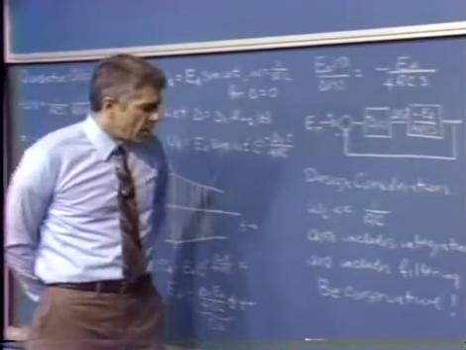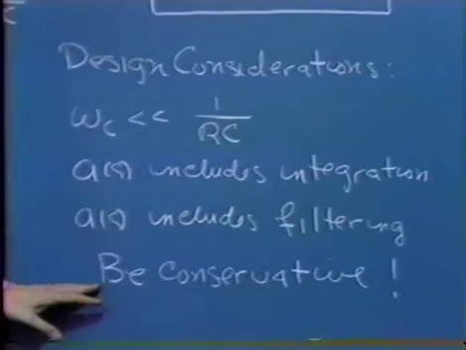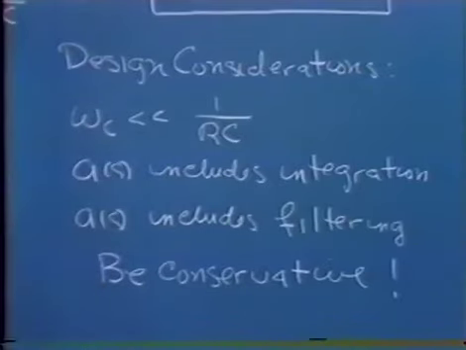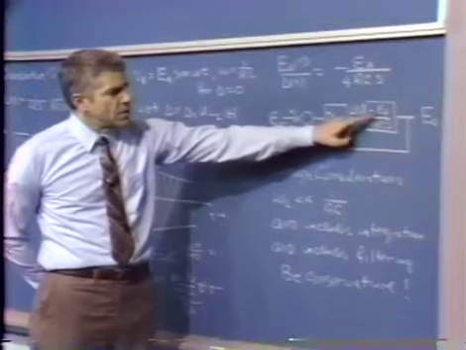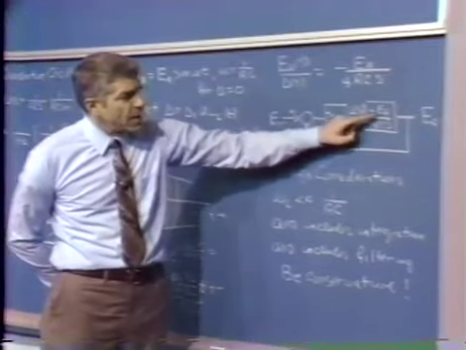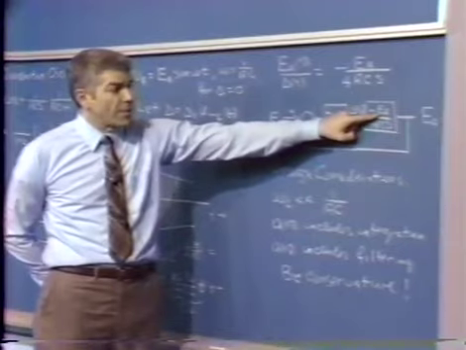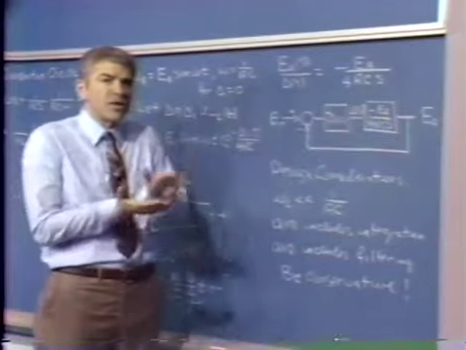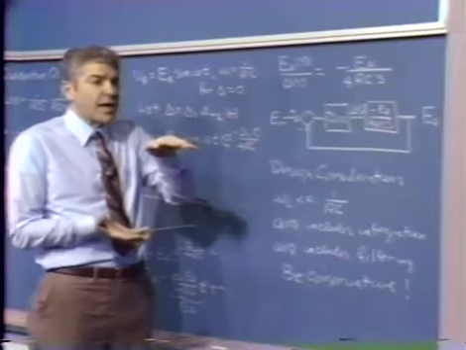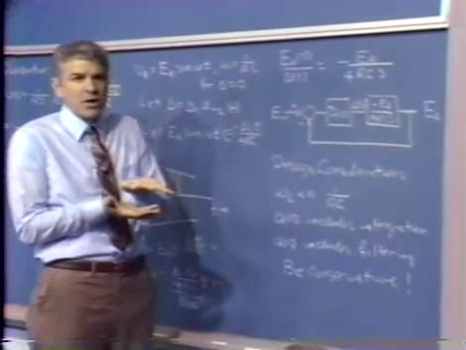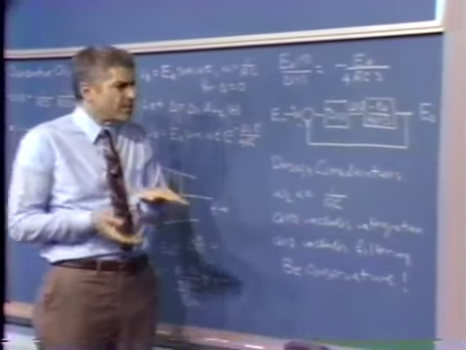And finally, we have to be very conservative in our design because there's a lot of unknowns here. There's a linearity problem. Notice that the loop transmission magnitude is a function of the commanded value for the operating point value for the envelope. So if we command a large envelope, we get a high loop transmission. If we command a small envelope, we get a small loop transmission.